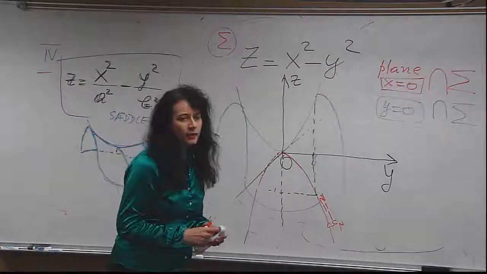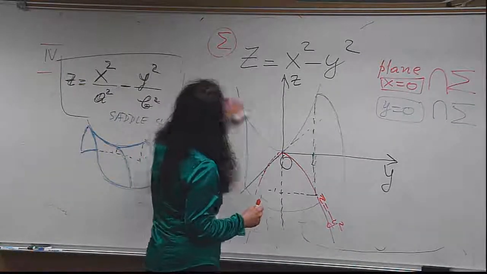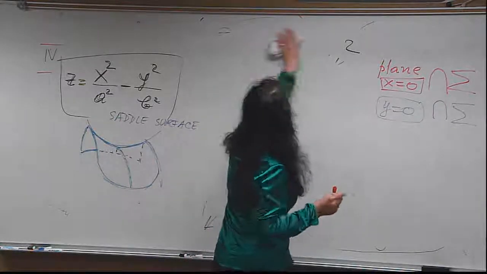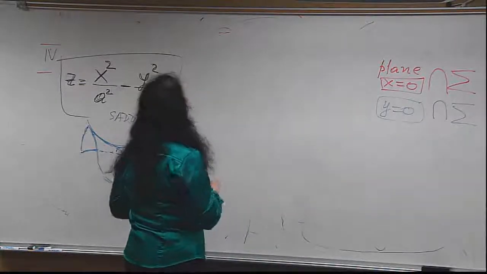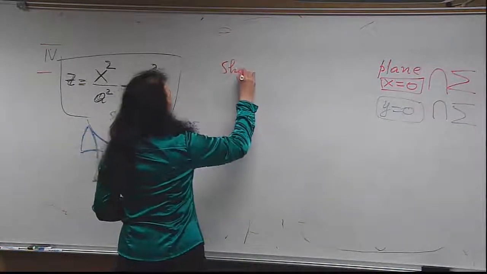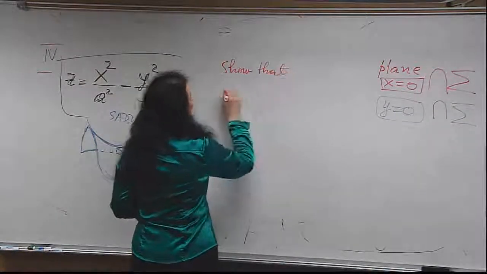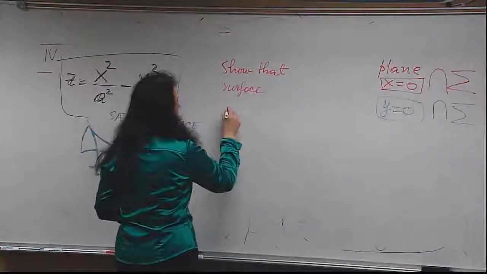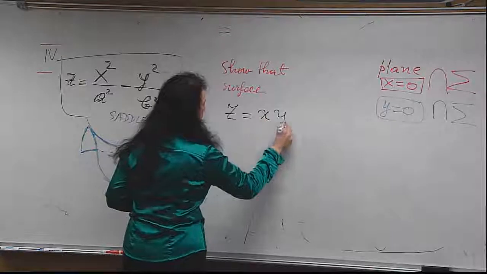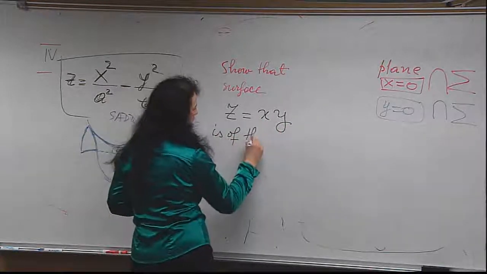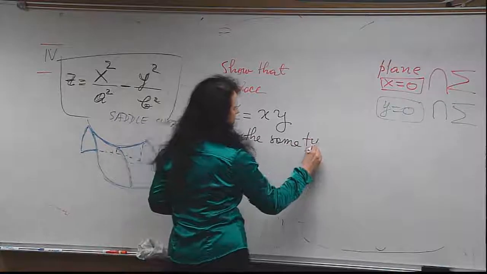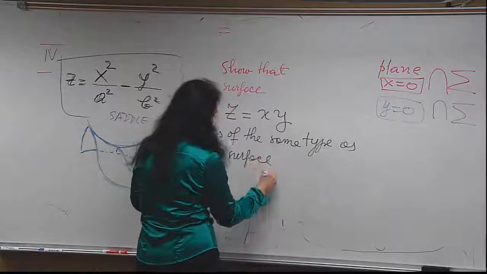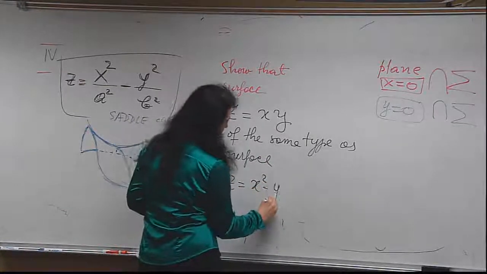And for one extra credit point, that you can turn in on half of a piece of paper or something, show that the surface z equals xy is of the same type as the surface z equals x squared minus y squared.